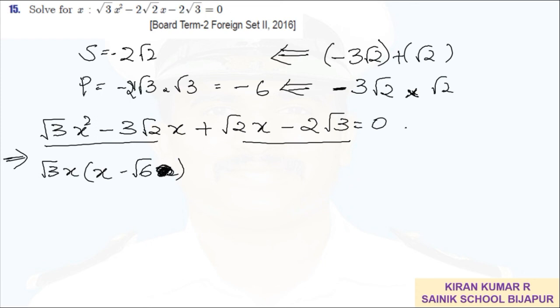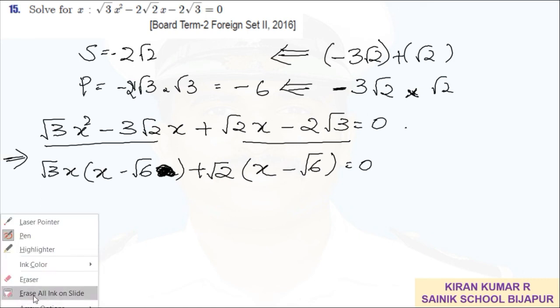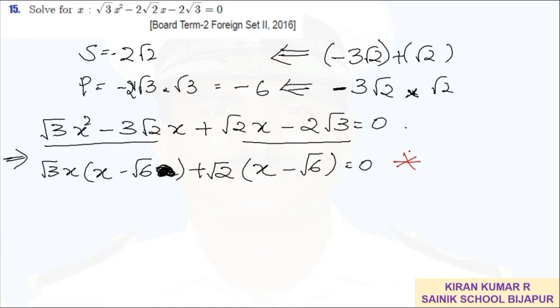X is taken out. Plus, now in these two terms, I will take root 2 as common. So x minus, here from 2 root 3, if root 2 is taken out, root 3 remains. Root 2 multiplied to root 3 is root 6, equal to 0. Let me tell you, this step is the most important step.